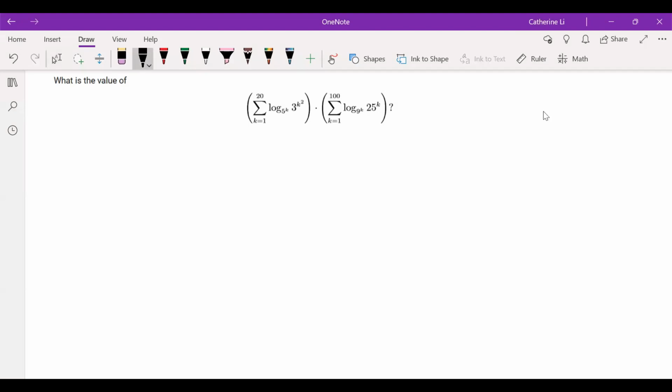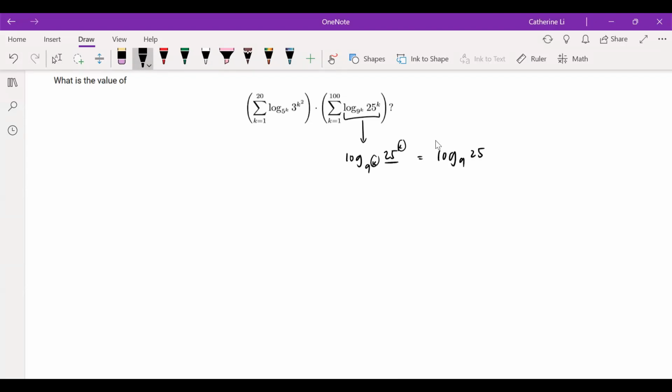So here we're just going to use the same methods as we did before, just looking at the different properties. So one thing that we can immediately see is this looks like a lot of powers in both the base and the term that we're taking the logarithm of. So we have k and k here, and from what we proved before, we can just take those out.